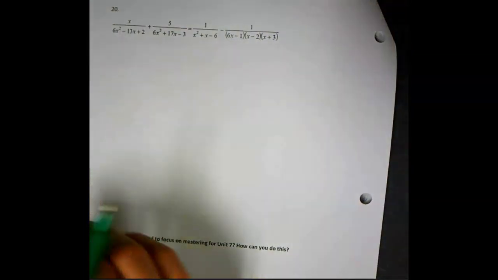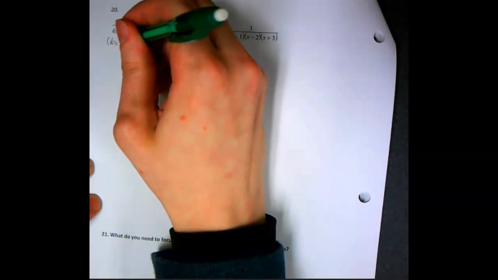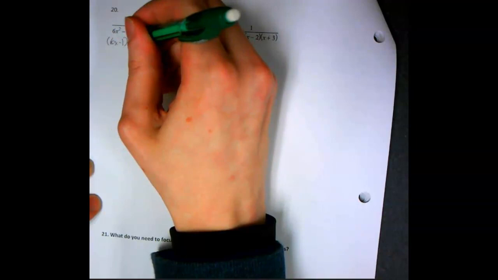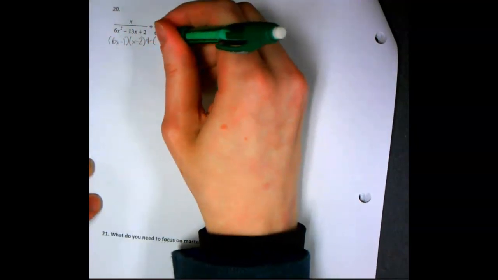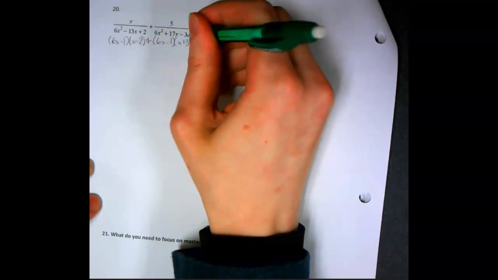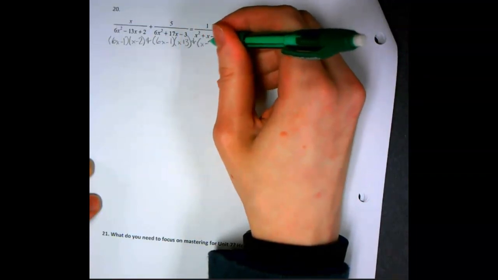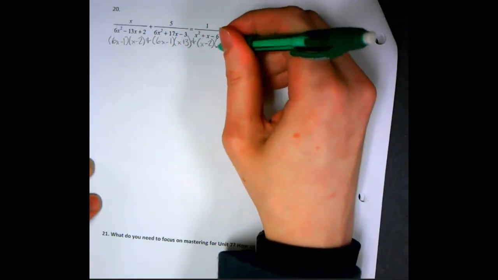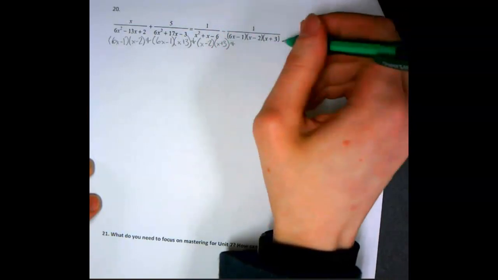For problem 20, first we need to find the LCD, so we're going to factor each of these. So we'll have 6x minus 1, x minus 2, and 6x minus 1, x plus 3, and x minus 2, x plus 3, and what we have for that last one.